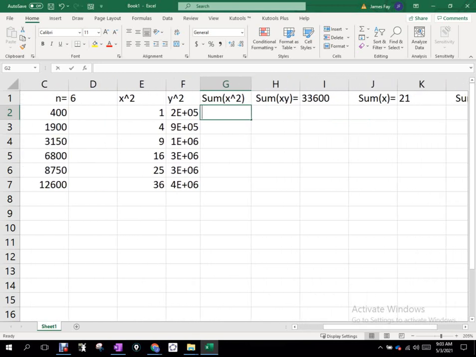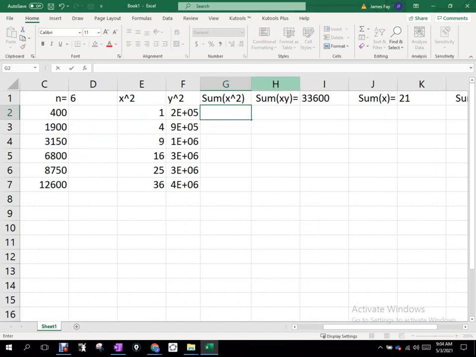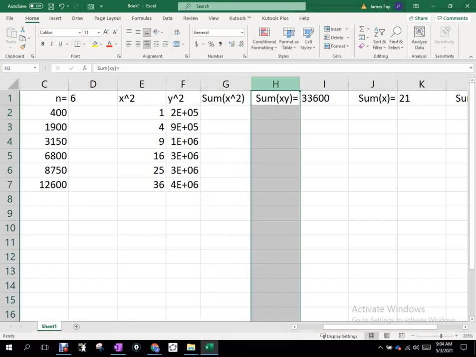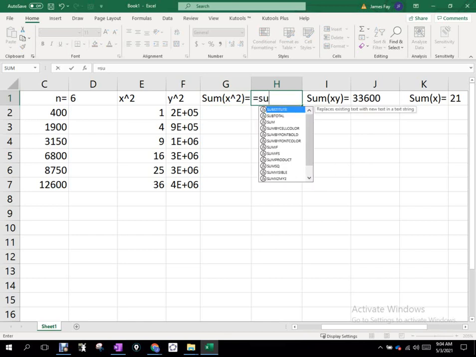So that would equal sum, and actually let's do it this way. All right, so after your y squared column, create a column G for x squared, the sum of that. And then in H1, we will actually add that up.